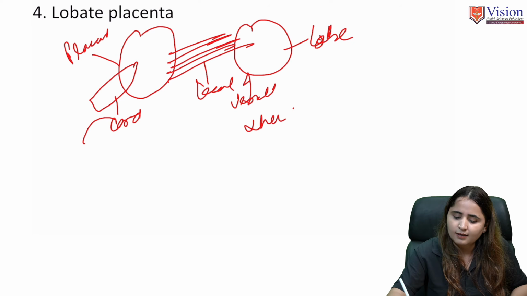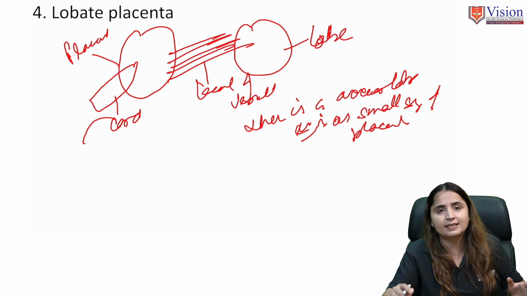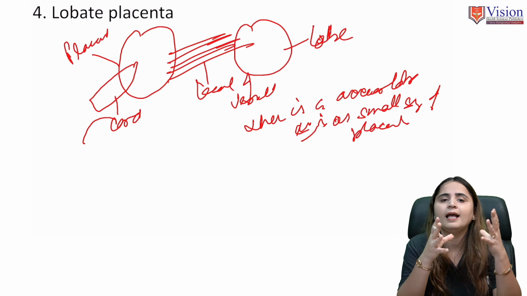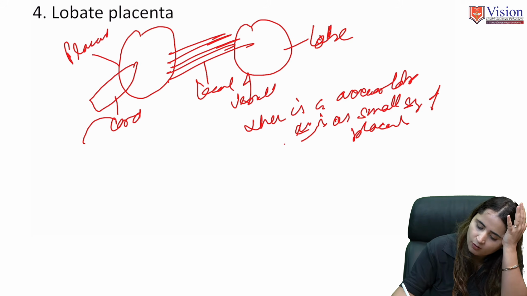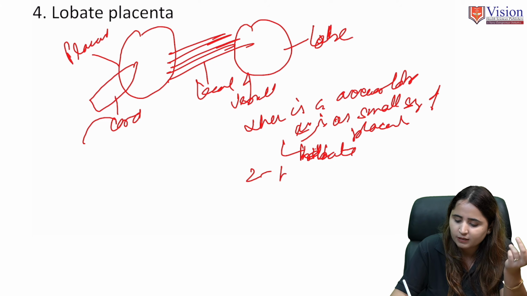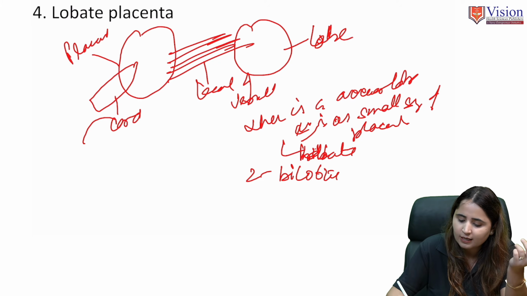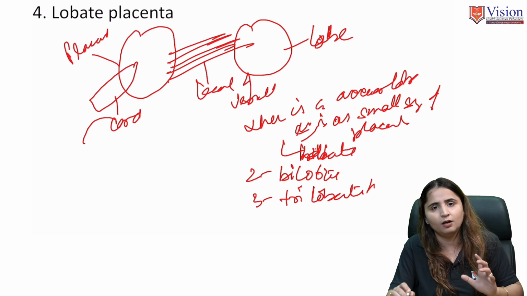When there is an accessory lobe which is the same size as the placenta, connected to the placenta by a leash of vessels, it is called the lobate placenta. When there are two lobes, it is called bilobate, and when there are three lobes, it is called trilobate placenta. Okay, clear?